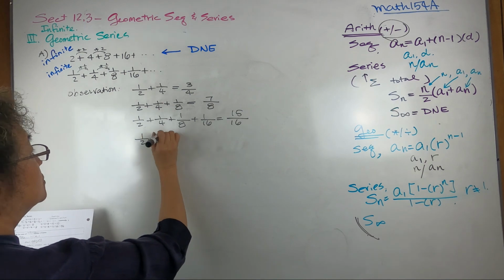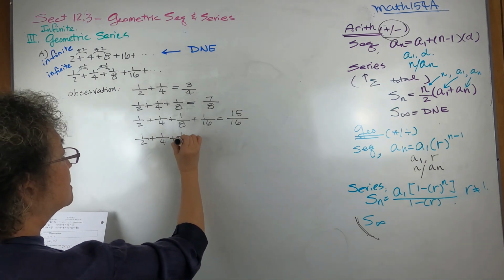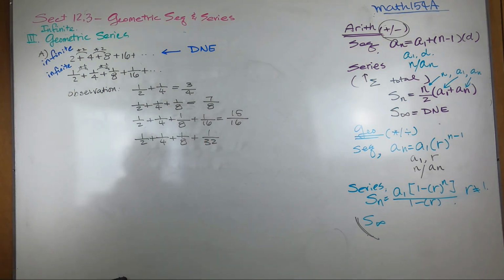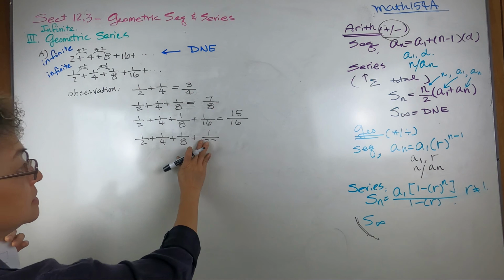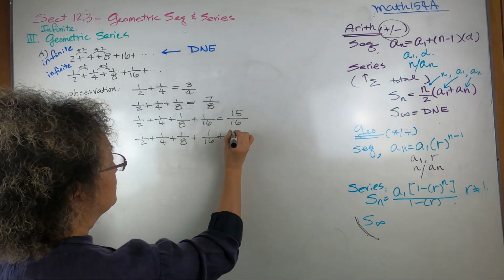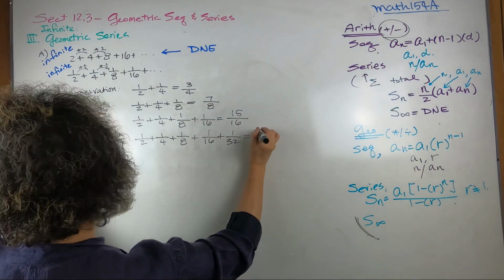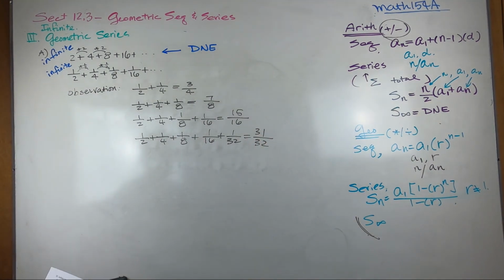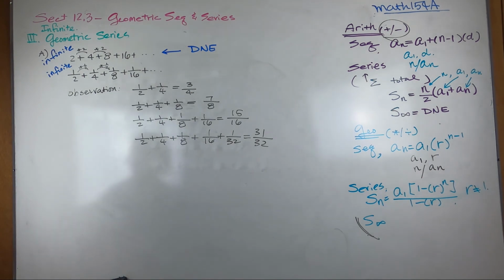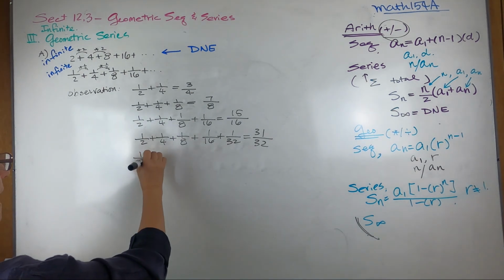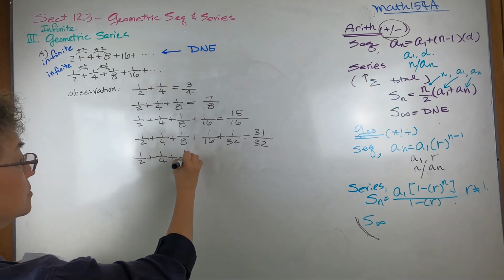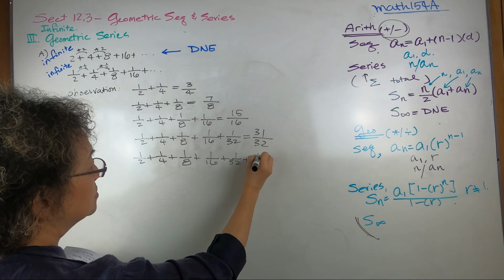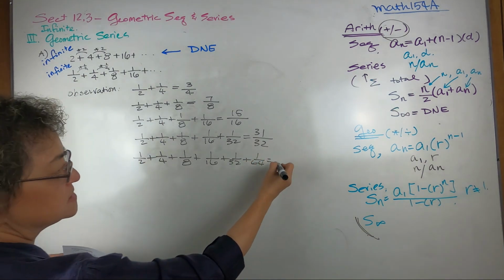Then if I do one more, take a look at the pattern. We are doing the pattern recognition. Then we just keep adding: 31/32, then 63/64. What do you think the answer is?